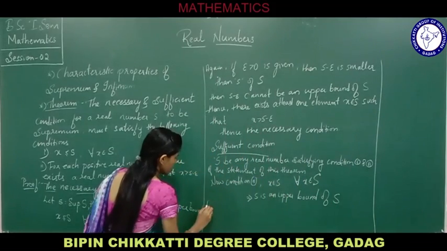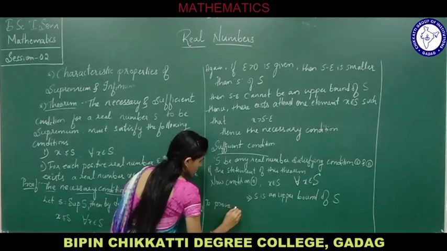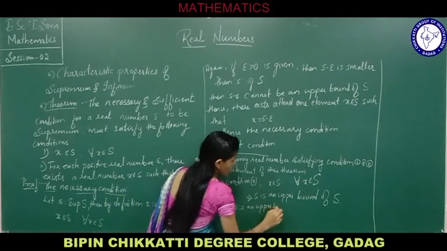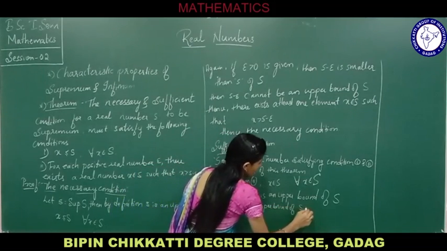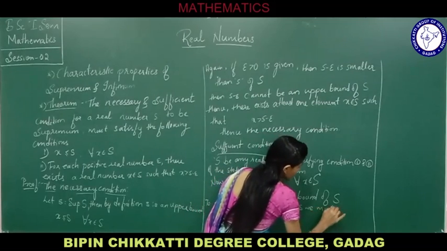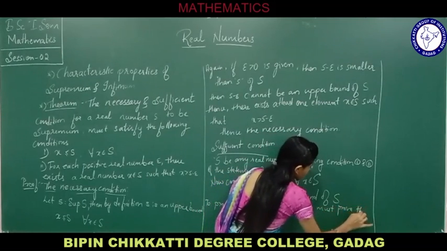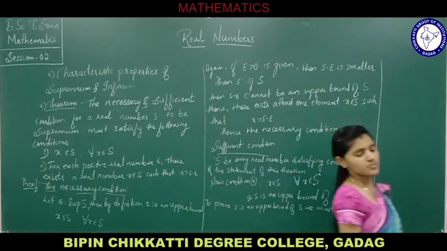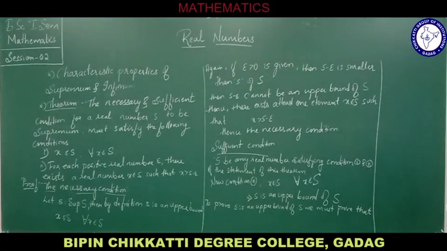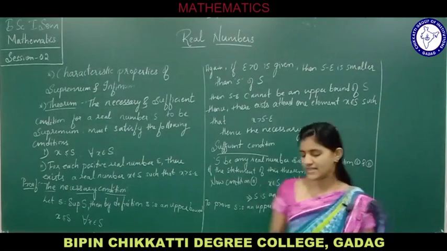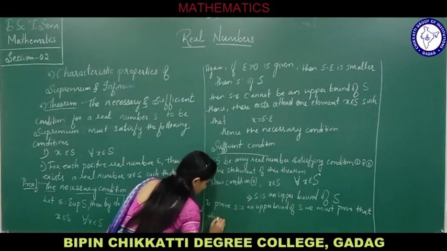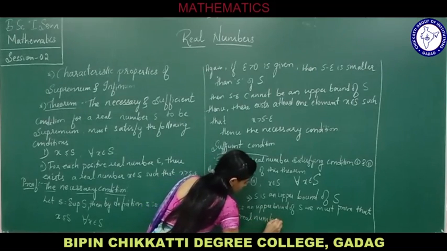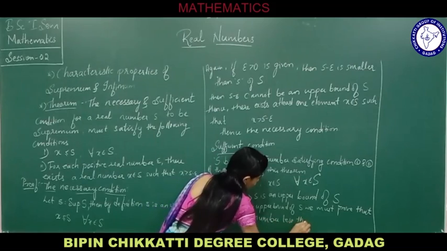To prove s is the supremum of S, we must prove that there is no real number less than s.